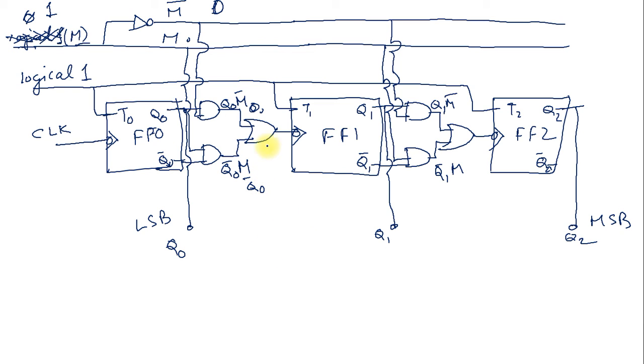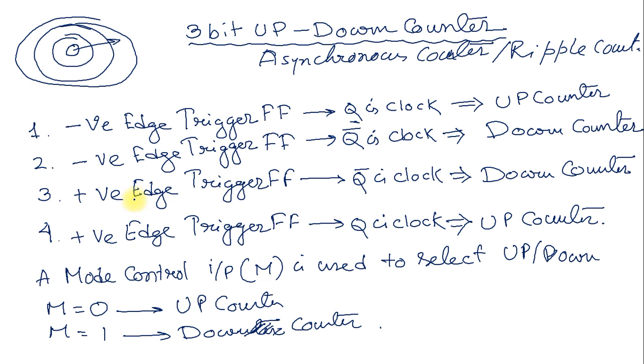By this way, when a negative edge triggered flip-flop is considered and the clock is taken from Q, the counter basically acts as an up counter. That is the table I have provided here.